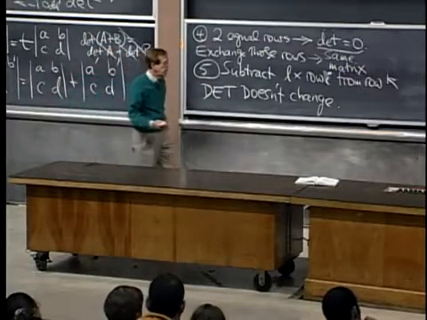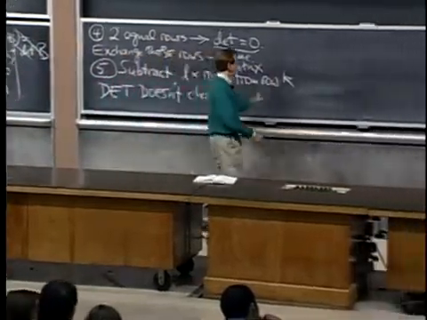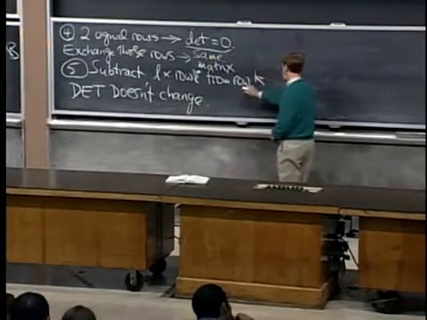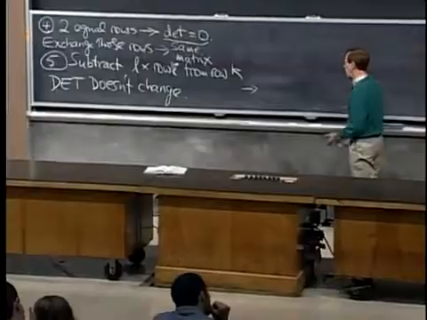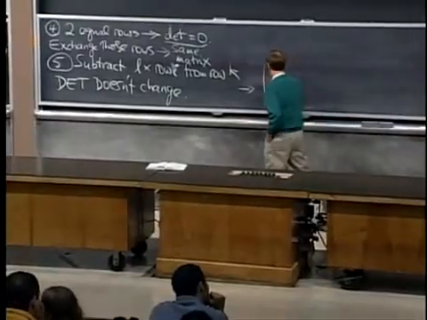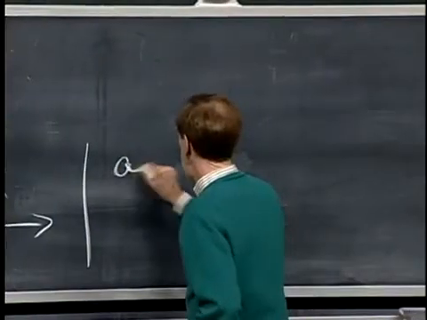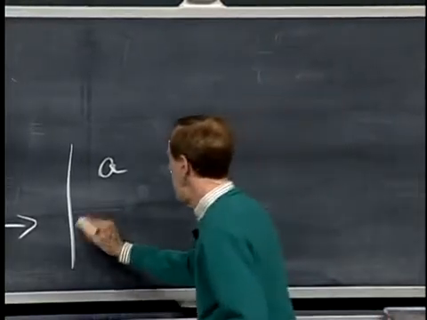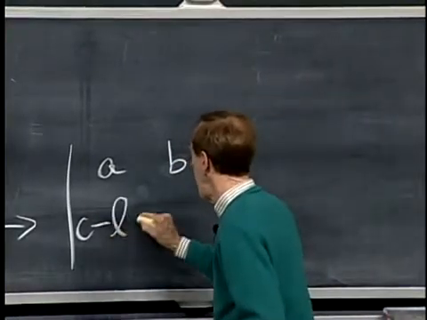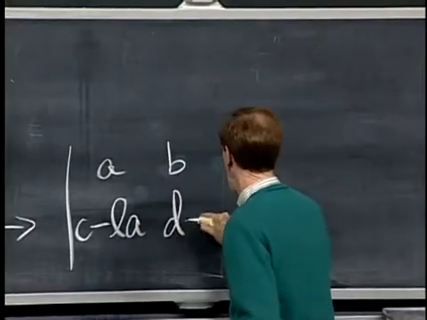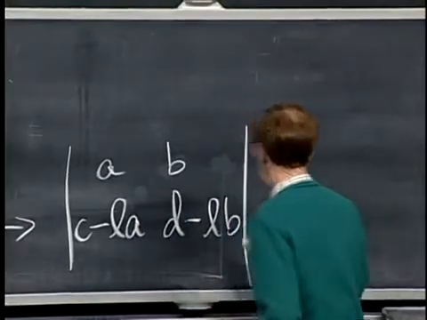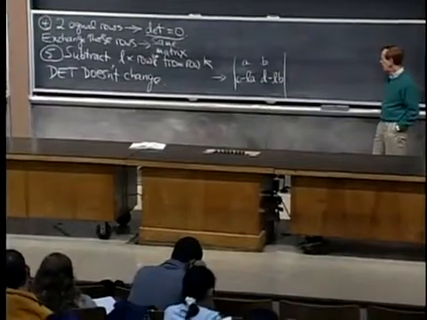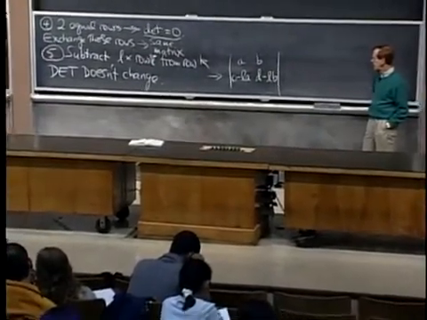Let me do the 2 by 2 case here. So I'll keep property 5 going along. So what am I doing? I'm going to have a, b, c, d, but I'm going to subtract L times the first row from the second row. And that's the determinant.